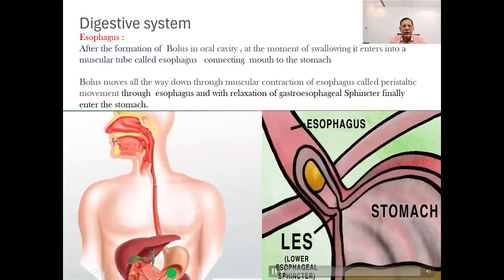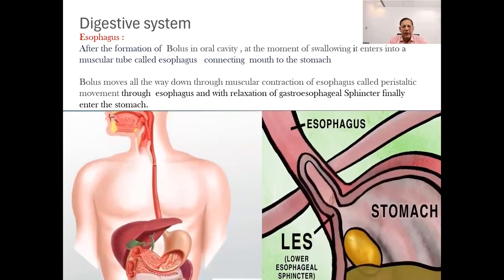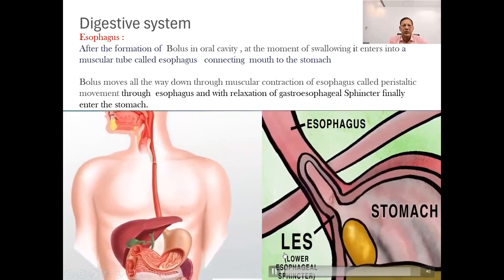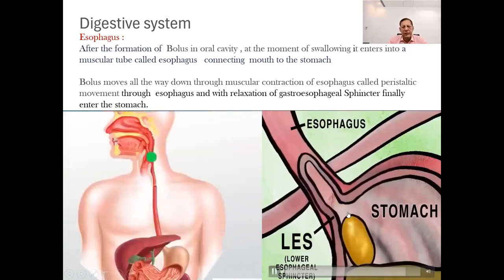That is, the bolus that is formed within the oral cavity, allowing for the efficient transport of the bolus of chewed food mixed with saliva from the oral cavity to the stomach through the peristaltic movement.